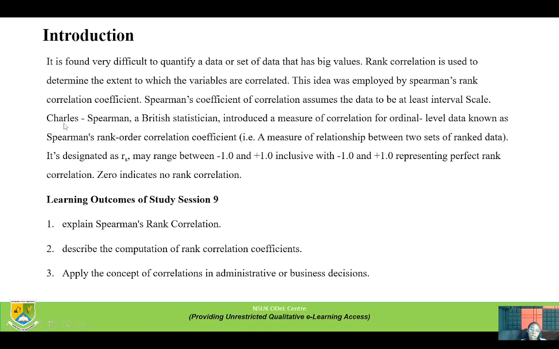That's the assumption. Charles Spearman, a British statistician, introduced a measure of correlation for ordinal level data known as Spearman's rank order correlation coefficient. A measure of the relationship between two sets of ranked data is what Spearman correlation measures, and it is represented by RS.